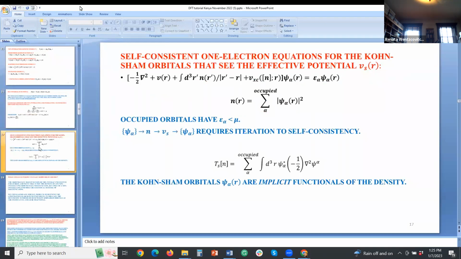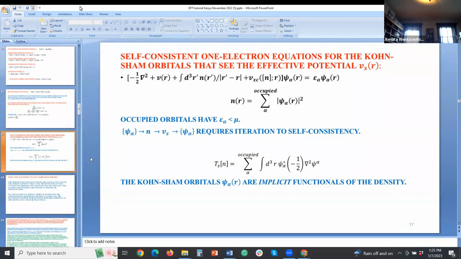So now I want to show you the self-consistent one-electron equations for the Kohn-Sham orbitals that see the effective potential Vs of R. Since it's a non-interacting system, these are just one-electron Schrodinger equations. That's the beauty of the method because it replaces the many-electron Schrodinger equation by the much simpler one-electron Schrodinger equation.